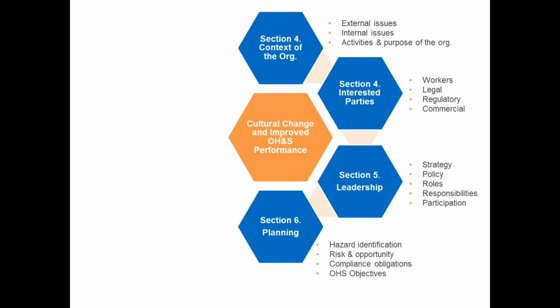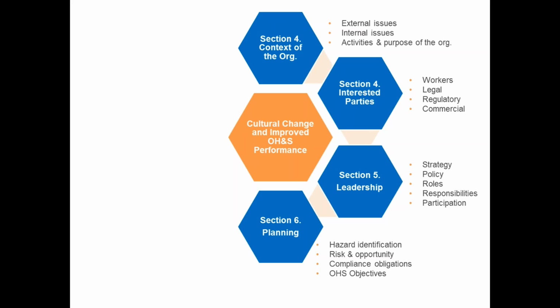The context of the organisation looks at external issues and internal issues, the activities and the purpose of the organisation. It also looks at the interested parties in relation to OH&S, including workers as a primary interested party, and there could be others, legal, regulatory, commercial, and the range is almost endless depending on what your organisation does.